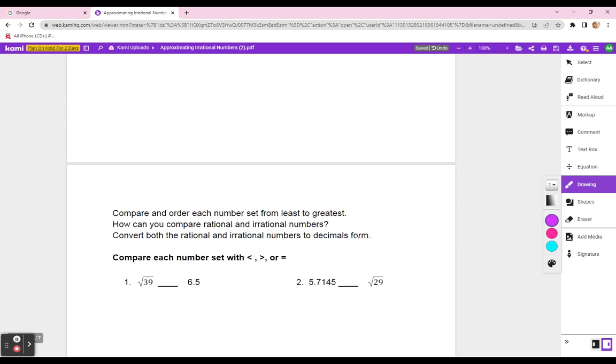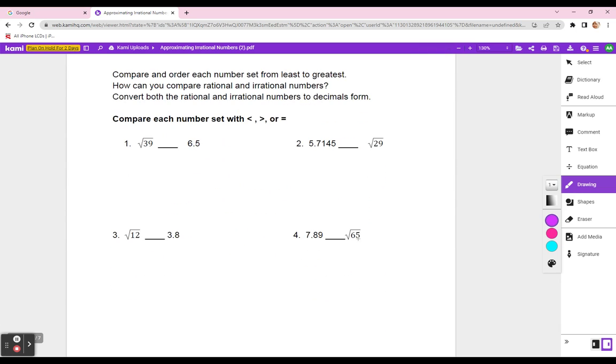All right, moving on. Here on this page, we're given two numbers and we have to compare them using less than, greater than, or equal to. All right, so we'll start by determining the approximate value for the square root of 39. Well, the square root of 39 is between the square root of 49 and the square root of 36.